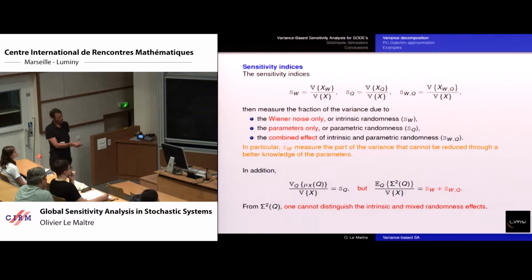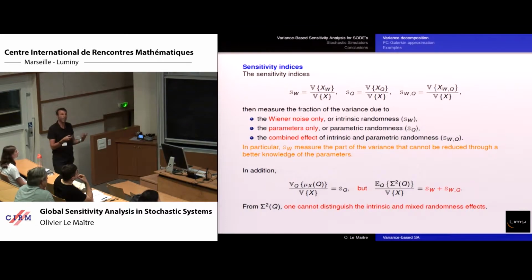However, if we average with respect to the parameter the dependence of the variance on the parameter, we see here that we have the sum of two contributions: the contribution due to W, to the Wiener process, and also the mixed term. And actually, there is no way that, given this term here, you can split it into these two contributions. That's why we believe that the approach we are proposing is richer.